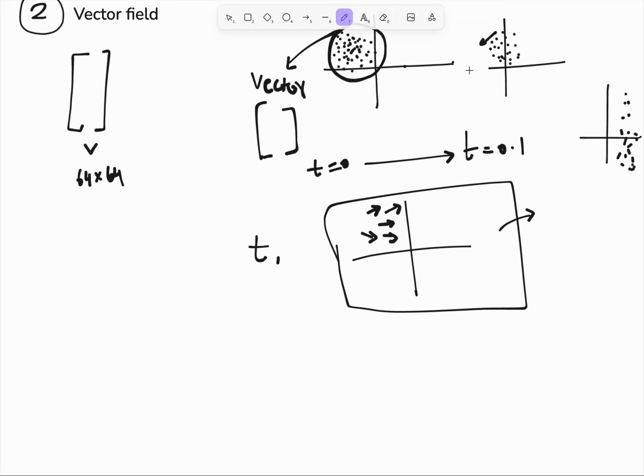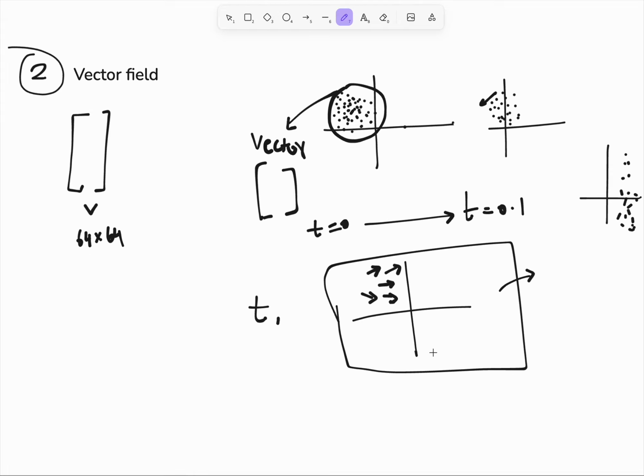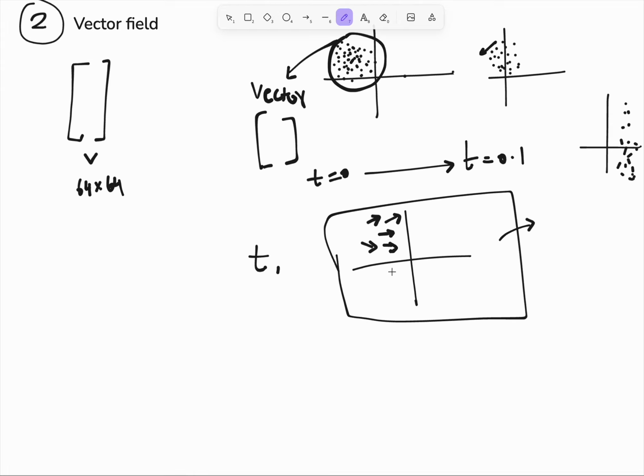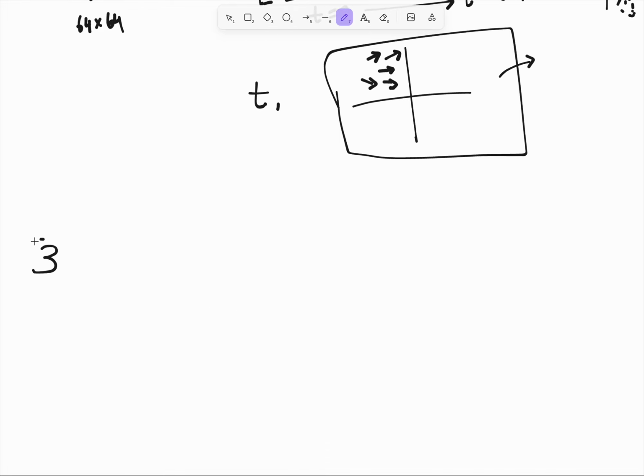How do the vector fields look at each time step so that we can follow these directions? I hope that makes a little sense. It's my first time trying to explain something to others, but yeah.